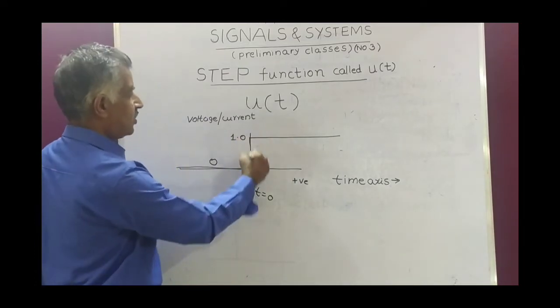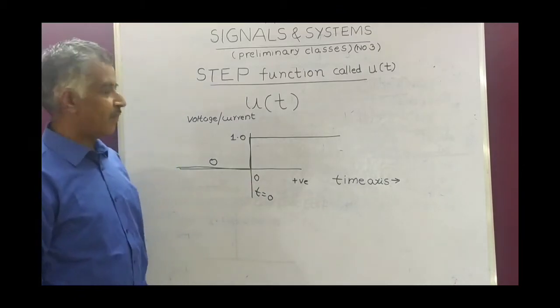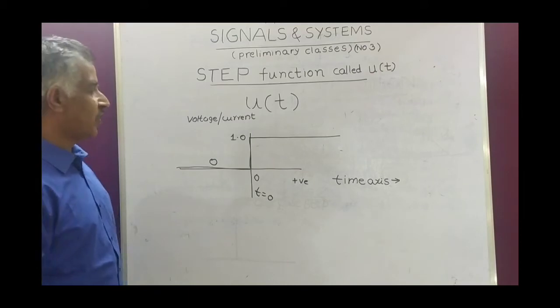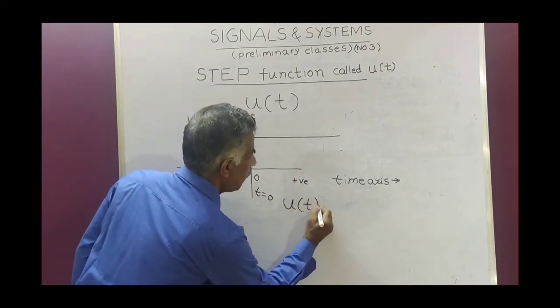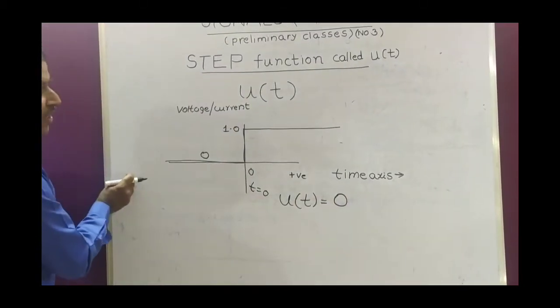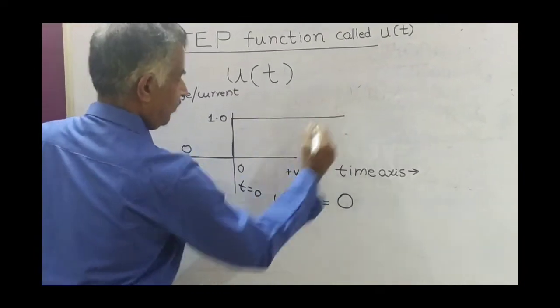This sudden change is what is called the step function. So how do we mathematically define this step function? u(t) equal to 0 here, and u(t) is 1 here.